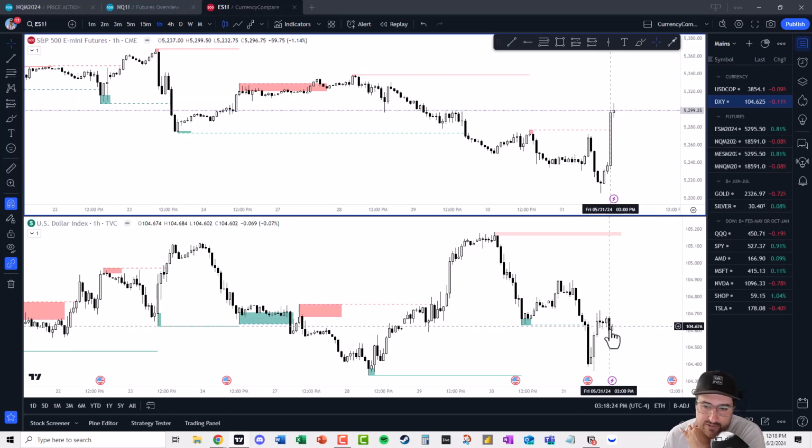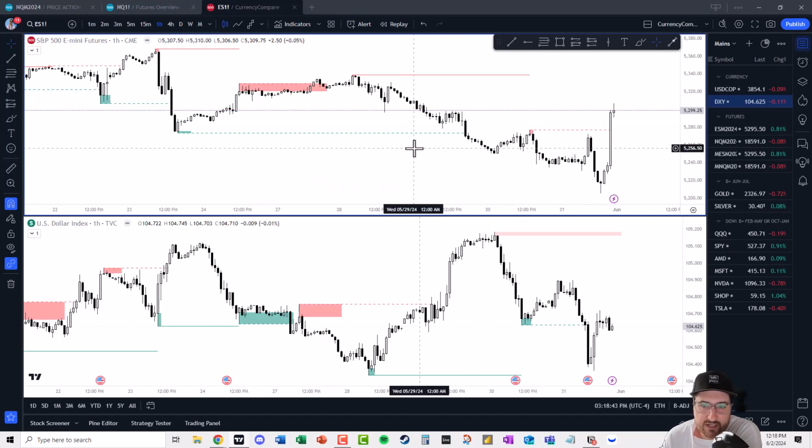Now, if we don't see that correlation happening and maybe the S&P starts retracing into this big move down to this block right here, we can see the dollar come up into this fair value gap some more, or even up into here and test this area again. So I have that in the back of my head, and this chart will be there to reference.